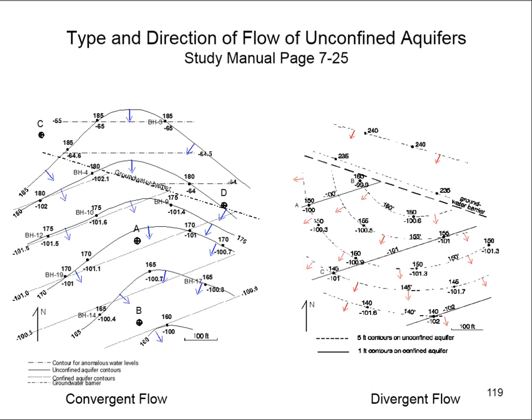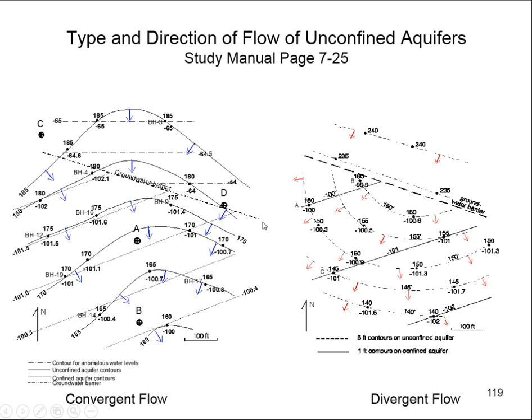Whenever we have a confined aquifer, it's going to be contoured with straight lines. Without this groundwater barrier, we'd be tempted to put a whole bunch of contours in between the minus 64 down to the minus 101.4. Same thing over here. But we called out a break.